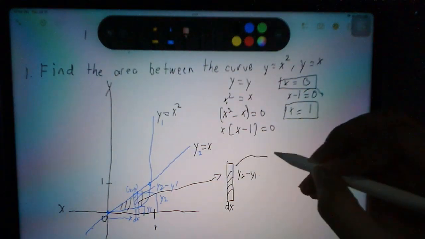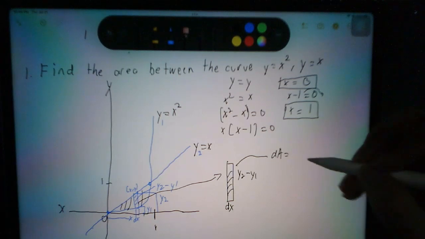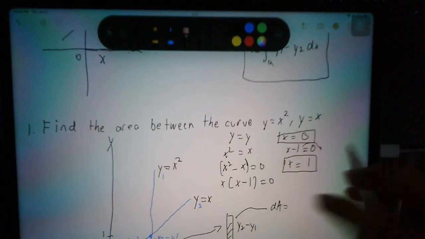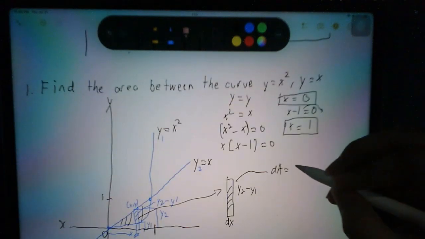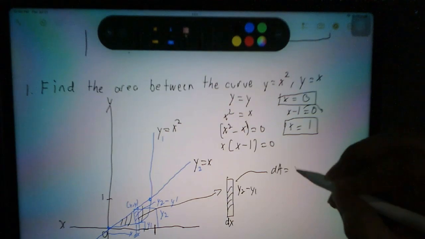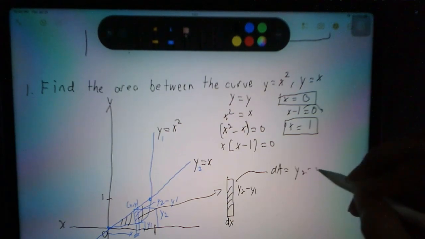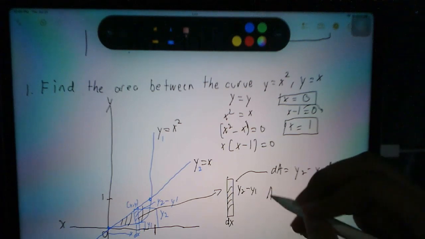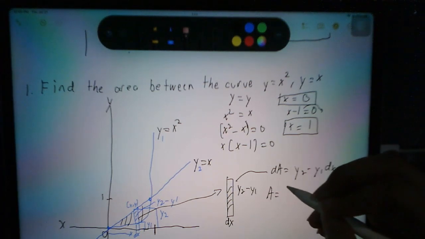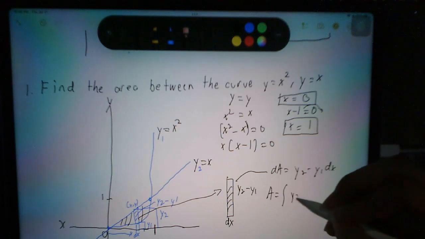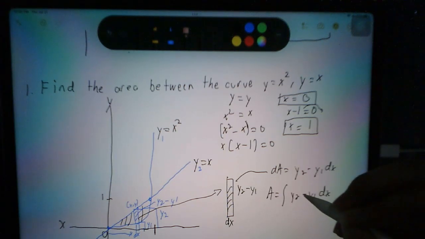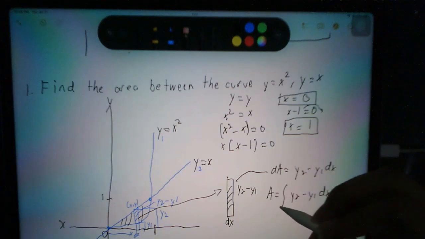So the differential area is y2 minus y1 dx, and the integral of area is the integral of y2 minus y1 dx from limits 0 to 1.